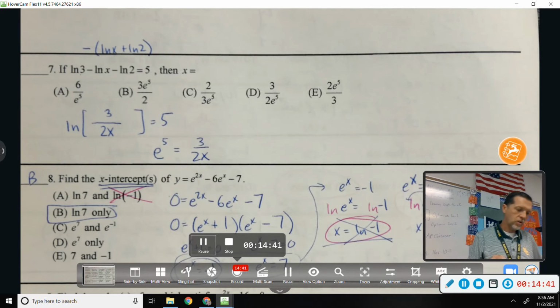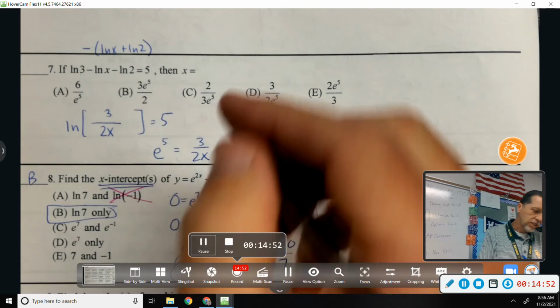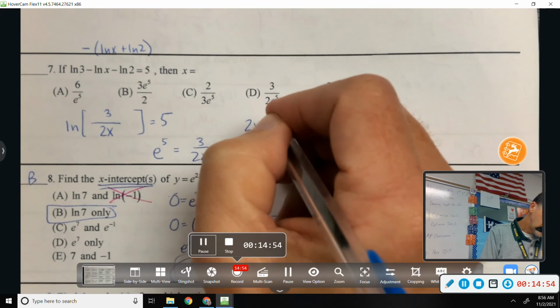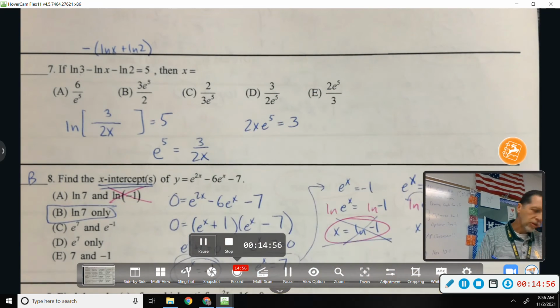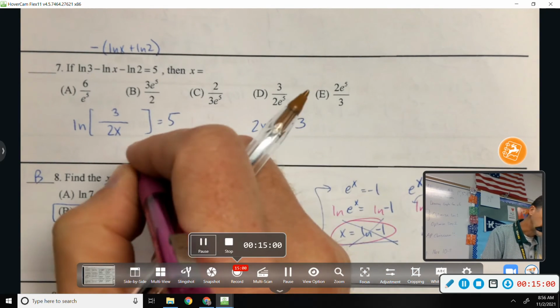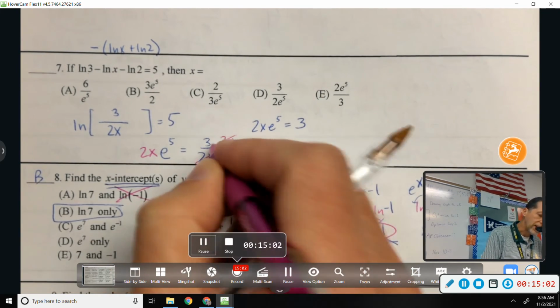I would multiply both sides by 2x. Some people would say cross multiply. A few people would say flip both sides. All of those are legitimate. I think I would just multiply both sides by 2x. That's sort of what we've been doing. If you want to clear a denominator, multiply by it, and then it's gone.